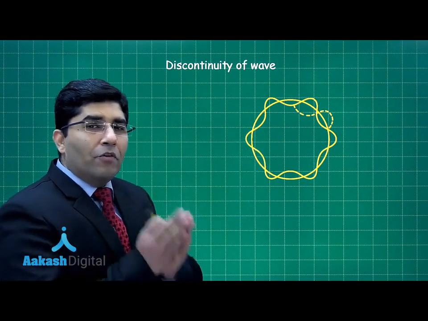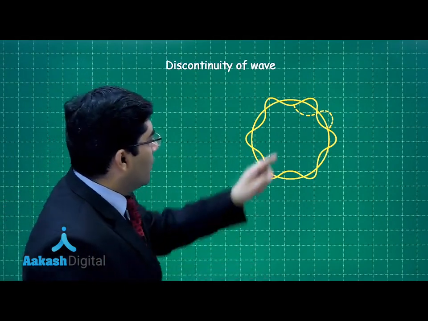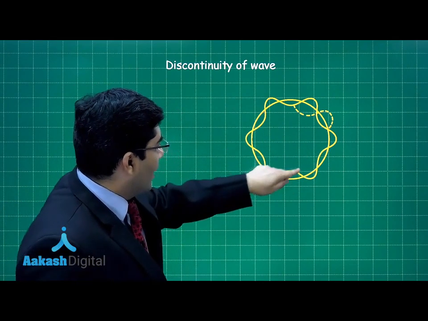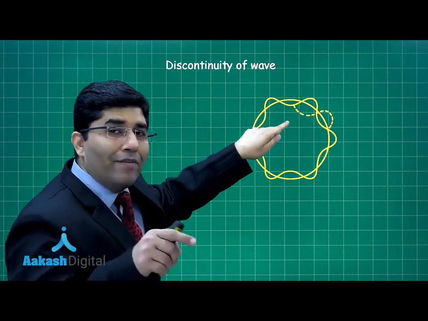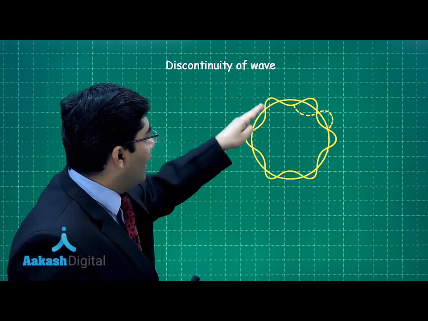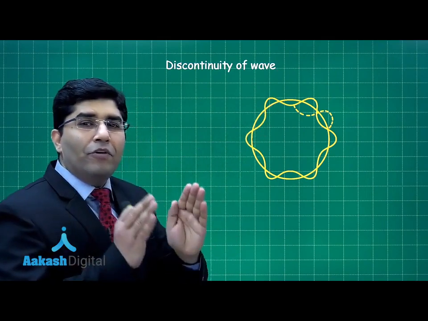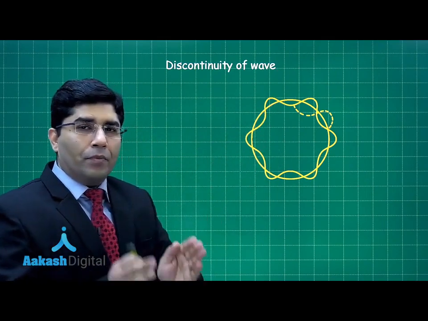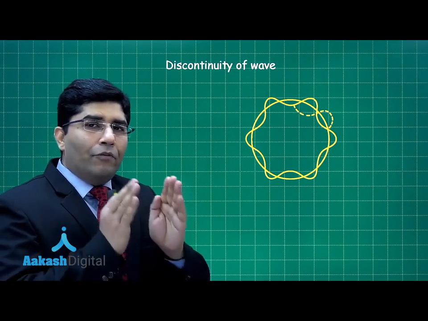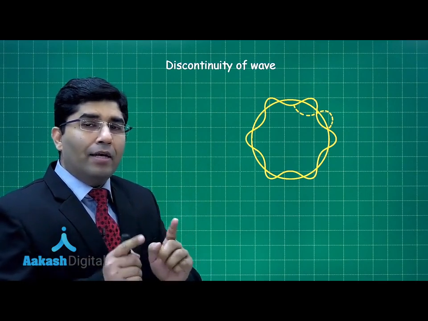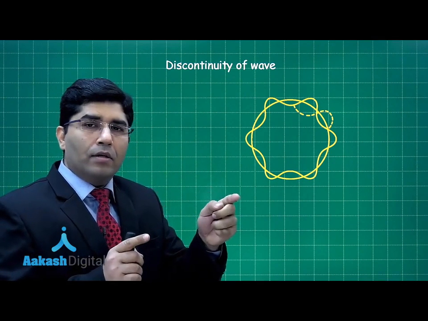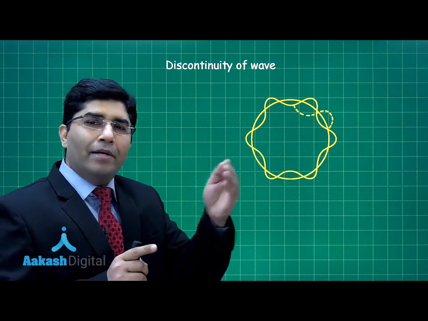But you know that the wave should be continuous. So you can see that if an electron is moving in this circular orbit, there will be a wave associated with it, and if we try to change the radius, the wave will become discontinuous. For example, we know that if the radius in the first shell is r, in the second shell it will be 4r, and in the third shell it will be 9r.